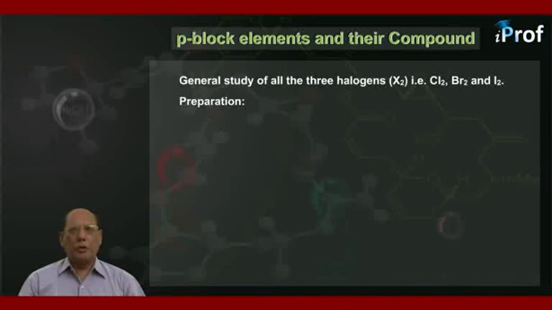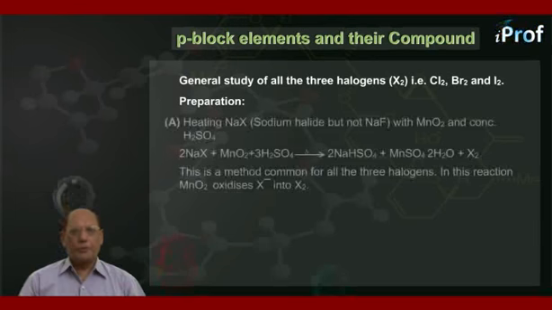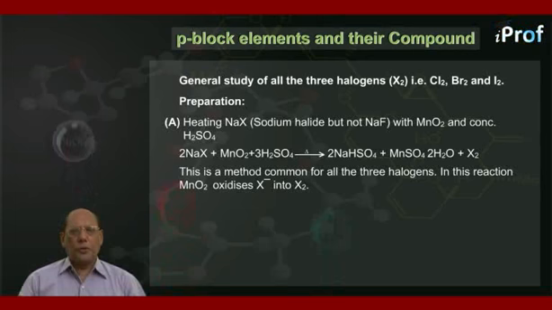General study of all the three halogens, that is X2, means Cl2, Br2 and I2. Preparation. A. Heating sodium halide but not sodium fluoride with manganese dioxide and concentrated H2SO4.